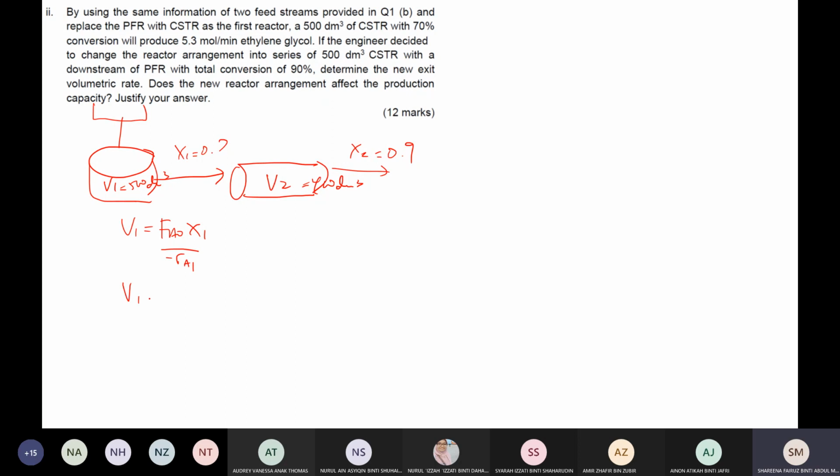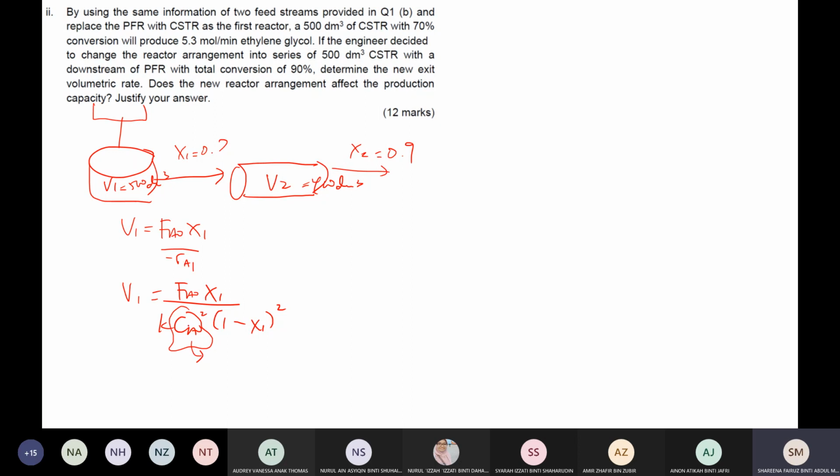So V1 is equal to FA0 X1 over KCA0, alright, 1 minus X1 to the power of 2. So take this out. Since it did not give you the information CA0, there is no need to find it, as long as there is sufficient other information you can replace.